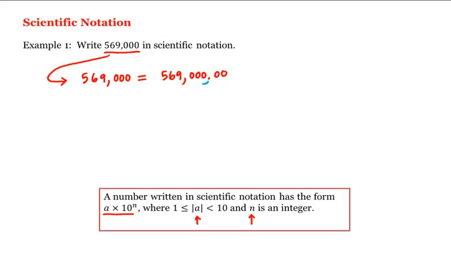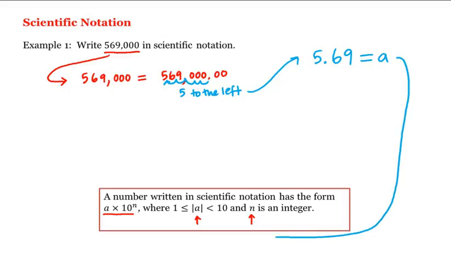So if we move this decimal point 1, 2, 3, 4, 5 places to the left, we get 5.69, which is equal to our a here. It's the number we're looking for here whose absolute value is between 1 and 10. Now what about n?